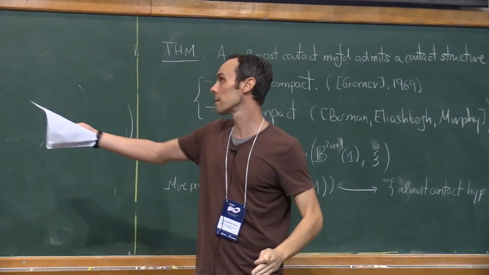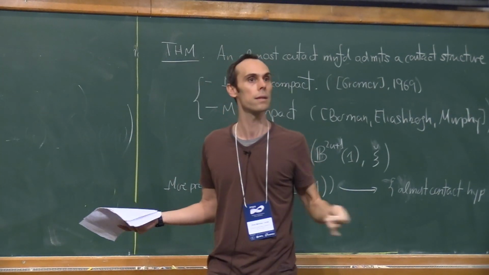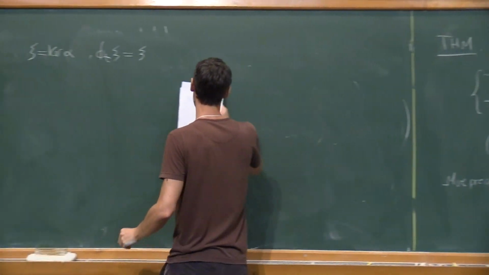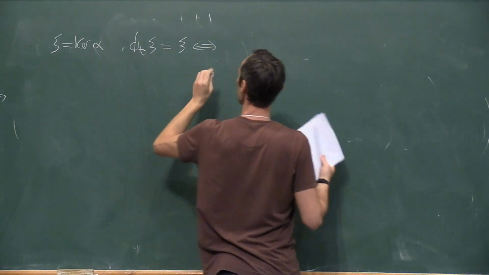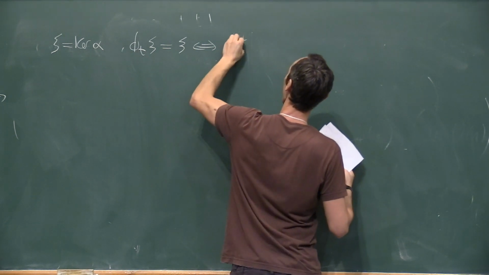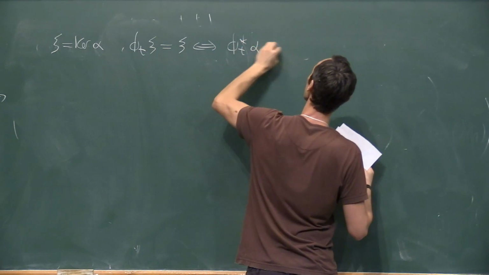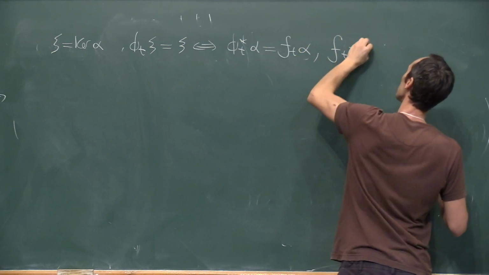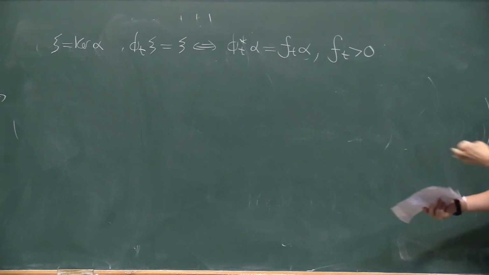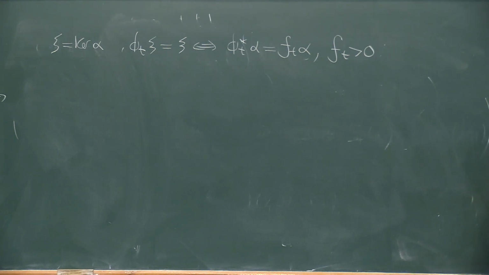So the contact distribution is a fixed point set for the isotopy. Now, write this condition at the level of the one-form. So this basically means that condition. Typically, you want to extract some infinitesimal conditions.